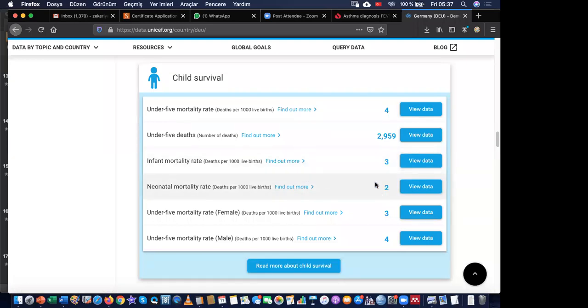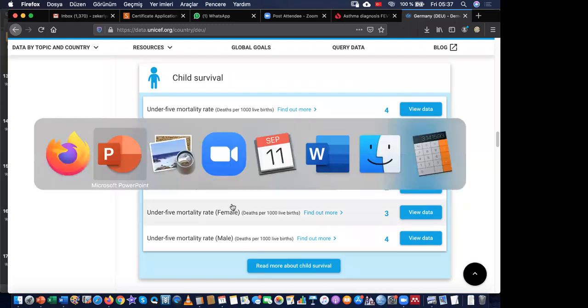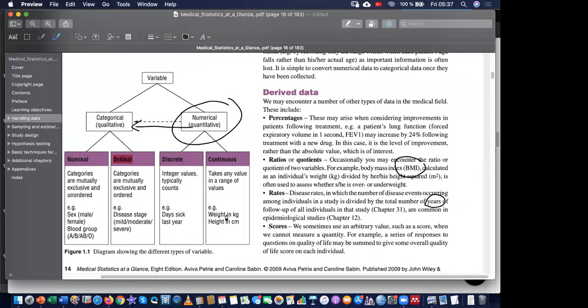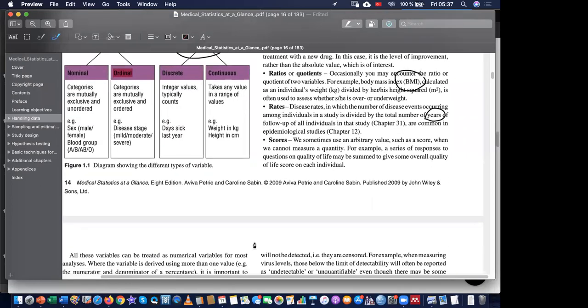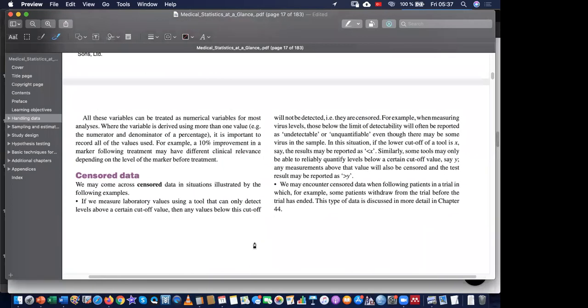Can it be 0, by the way? Why is it not 0? Because there are reasons you cannot prevent: some diseases in the baby, some conditions which you cannot prevent.